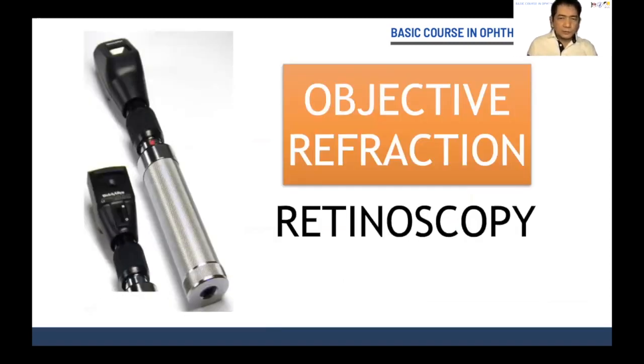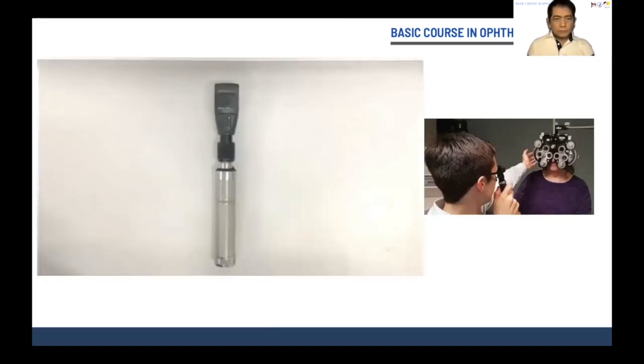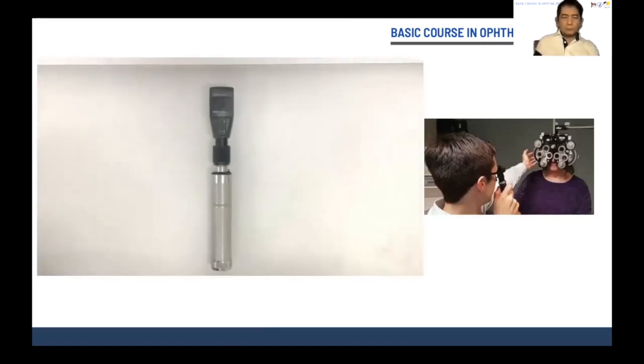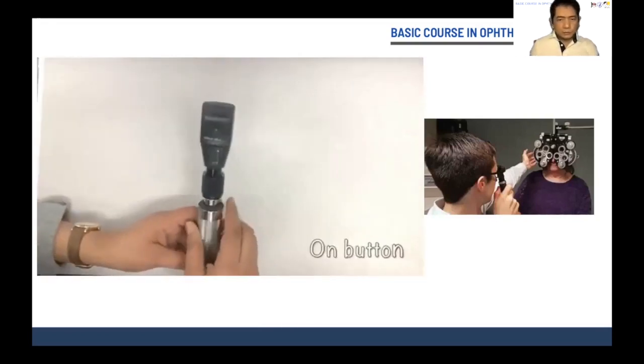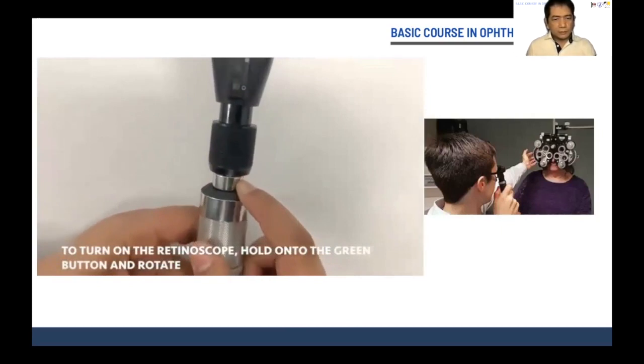So let's start with objective refraction. Objective refraction is performed with the use of the retinoscope. So here are the parts of the retinoscope. Okay, so this is a Welch Allyn type retinoscope. You have there the green button, that is the control of light.